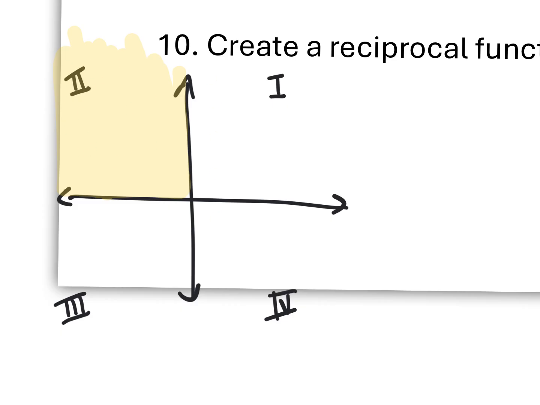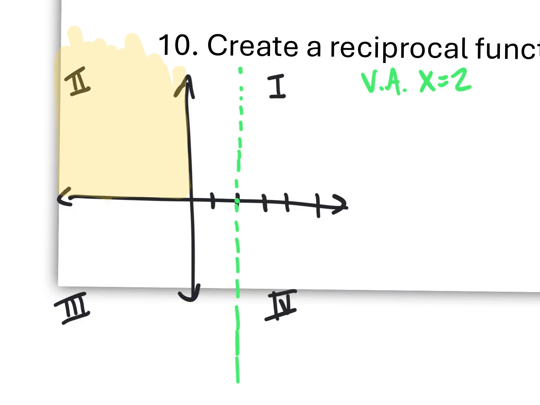So somebody give me a vertical asymptote that's not touching that highlighted area, that's not in quadrant 2. X equals what? Just the vertical asymptote. X equals, give me a number. 2. Okay, so if you say that your vertical asymptote is at x equals 2, then you could go to 2 on the x, and you could draw a vertical asymptote, right?